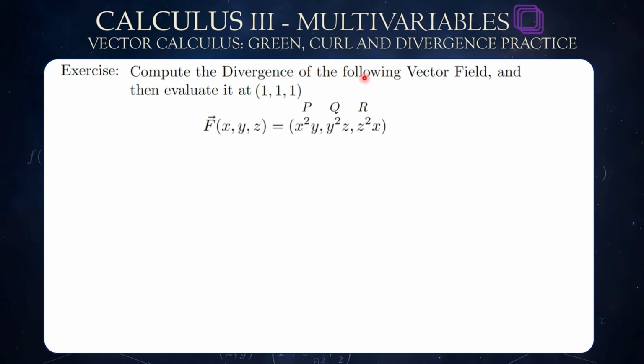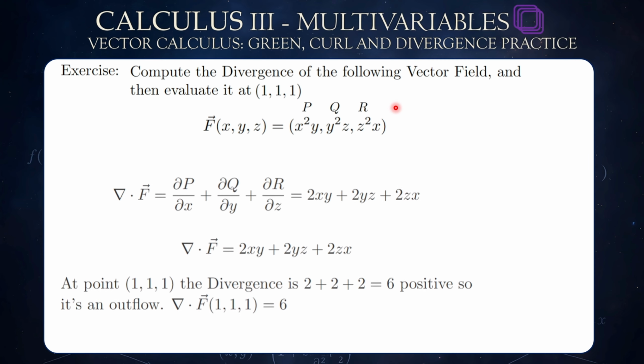Compute the divergence of the following vector field and then evaluate it at 1, 1, 1. F(x,y,z) is equal to x squared y, y squared z, z squared x, which are P, Q, R. The divergence, remember, is different than the rotational.